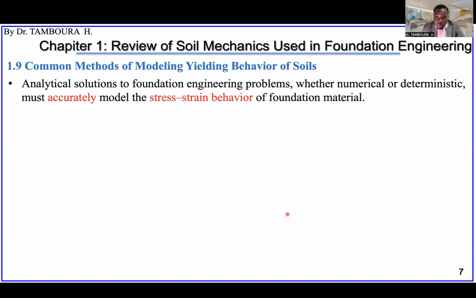So all this part of this chapter is about the relationship between stress and strain, or if you want, between stress and deformation. Stress is caused by force, right? And strain is caused by deformation. So it's like saying relationship between force and displacement or deformation.